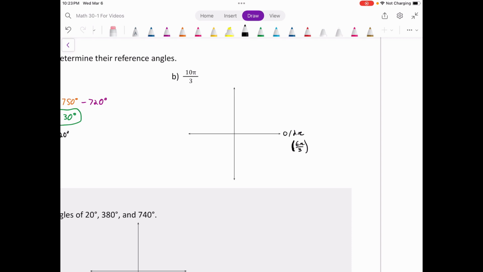That would be 2 pi as a fraction over 3. So we've gone past 2 pi. We're at 10 pi over 3. Right? This is pi, but we could also think of it as 3 pi, right? We go past 2 pi. If we do another pi, that's now 3 pi.